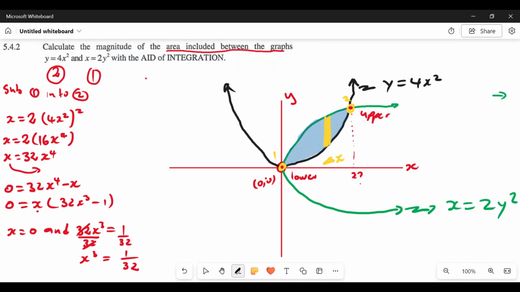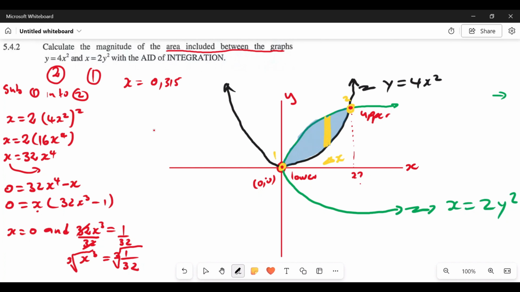Let me just do it up here. So we can cube root this x cubed, because we are looking for x. So cube root here. There we go. If you cube root here, this is going to give us x, and this one here is going to give us 0.315.